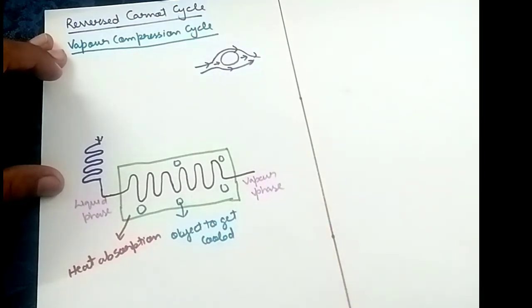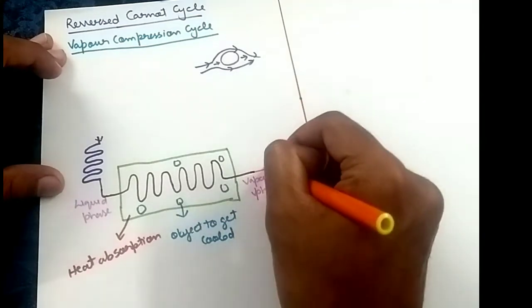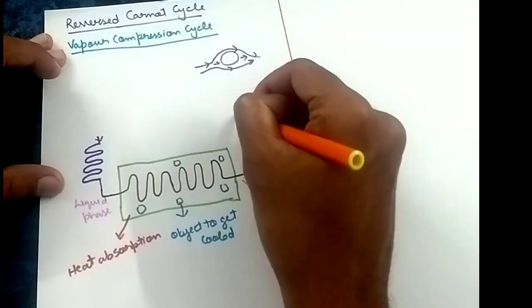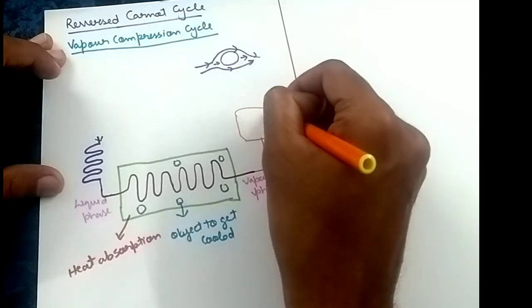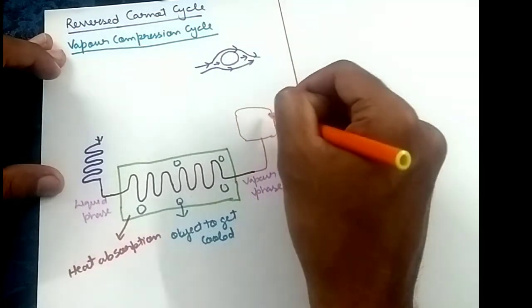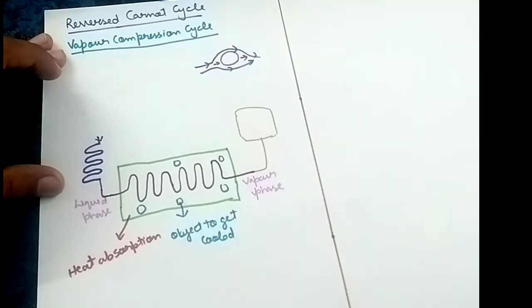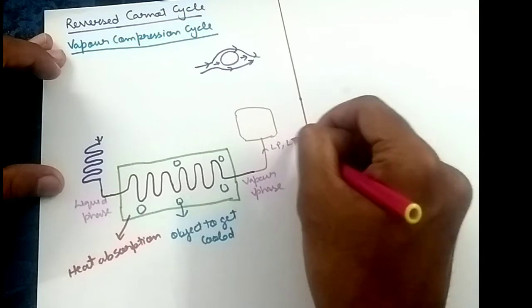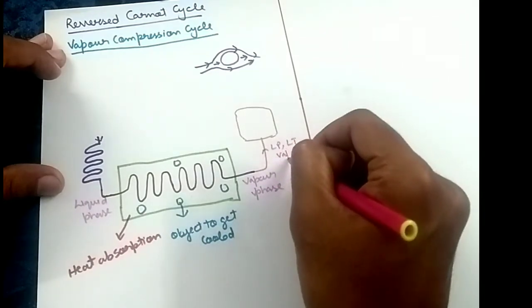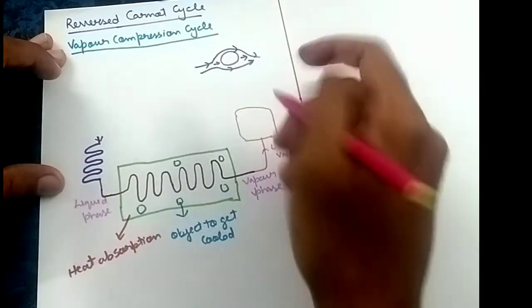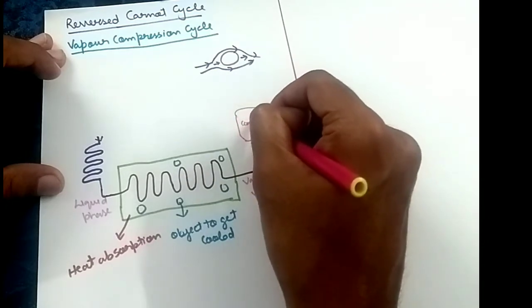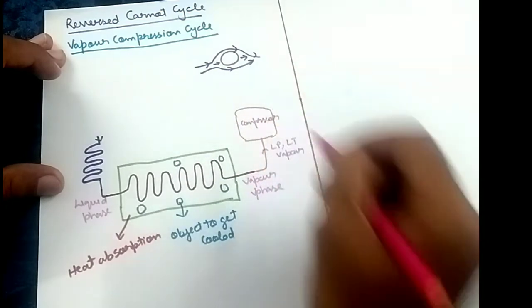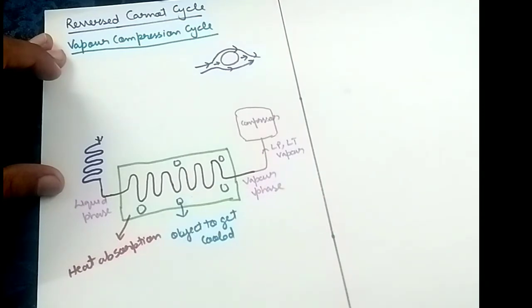Now after getting passed to the compressor, what happens here? This low pressure, low temperature vapor is passed to the compressor.